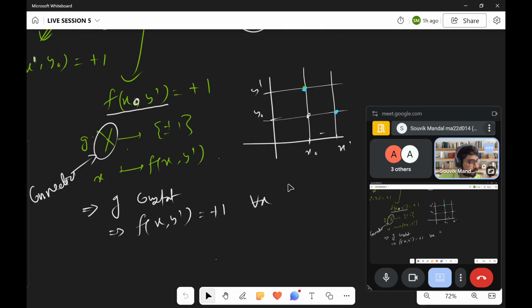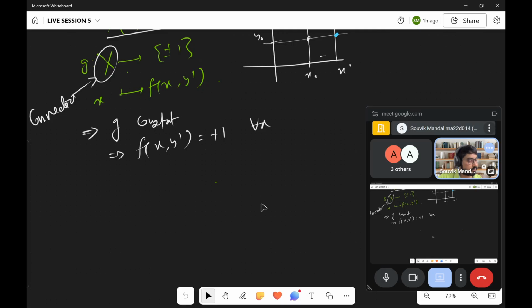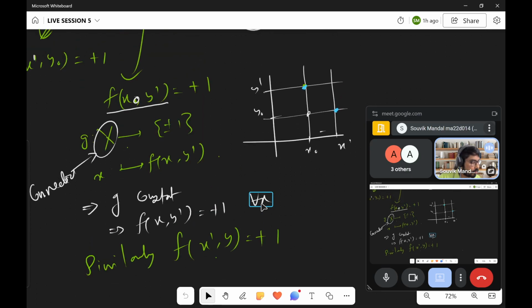Similarly, f of x prime comma y is equal to plus 1, which is this line, x prime comma y.